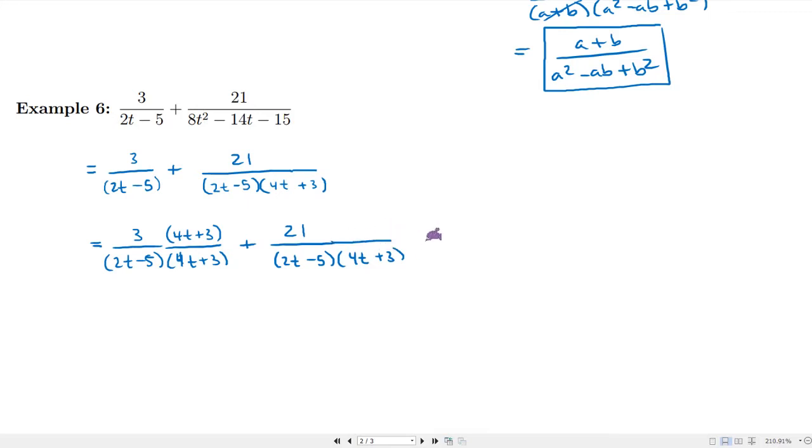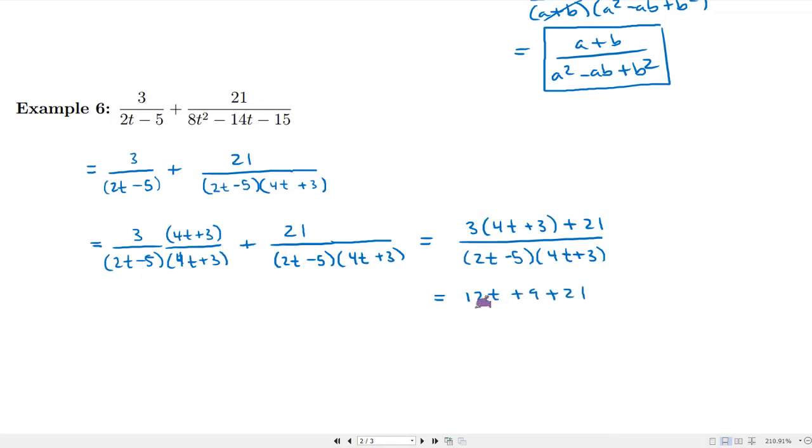And what do we have here? So now this is 3 times 4t plus 3 plus 21 divided by the factored denominator. And then we get 12t plus 9 plus 21 over 2t minus 5 4t plus 3.